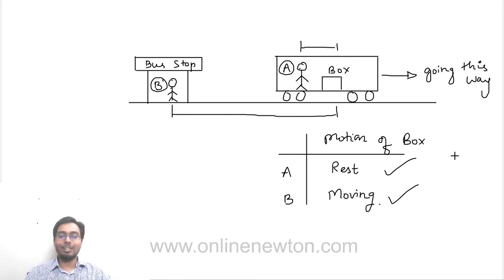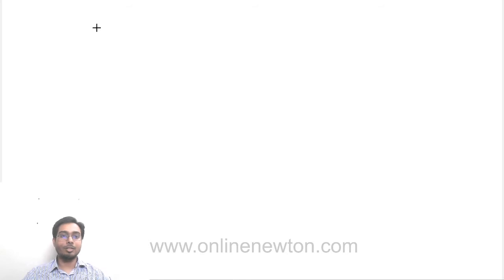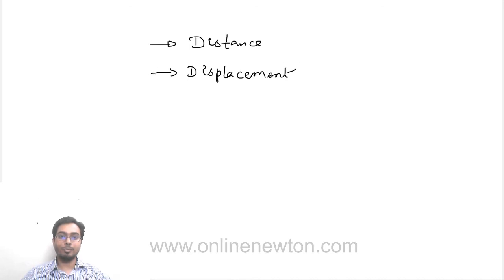With that, I'll move forward to discuss those parameters which help us to understand the motion better. So let me list them out. Those parameters are displacement and distance, and we have a few more apart from these two, like the speed, velocity, acceleration.